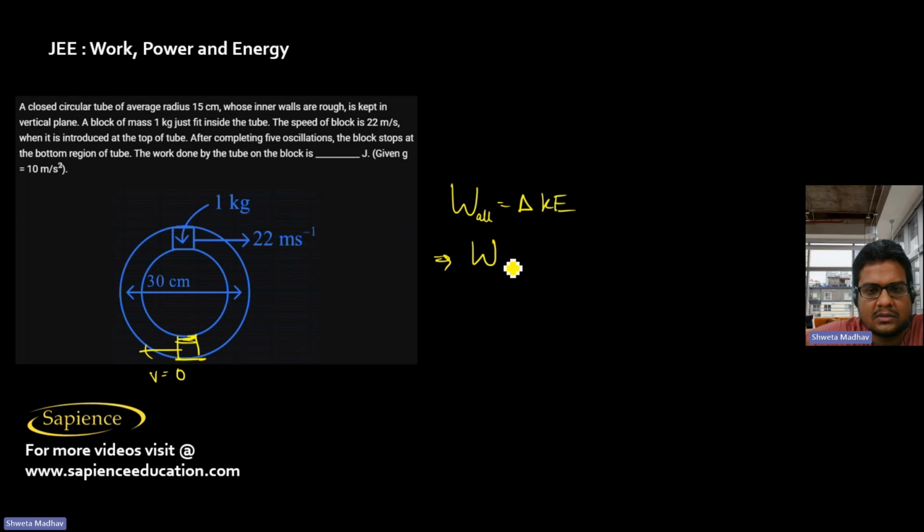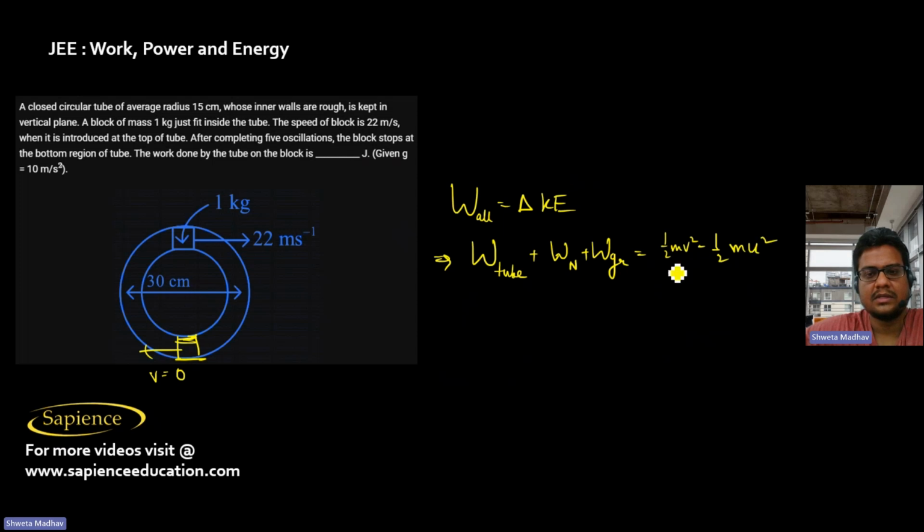Means the work done by the tube on the block, which is the work done by the frictional force, plus the work done by the normal reaction force, plus the work done by gravity. These are the forces acting on it. That should be equal to the change in kinetic energy, which is half mv square minus half mu square.